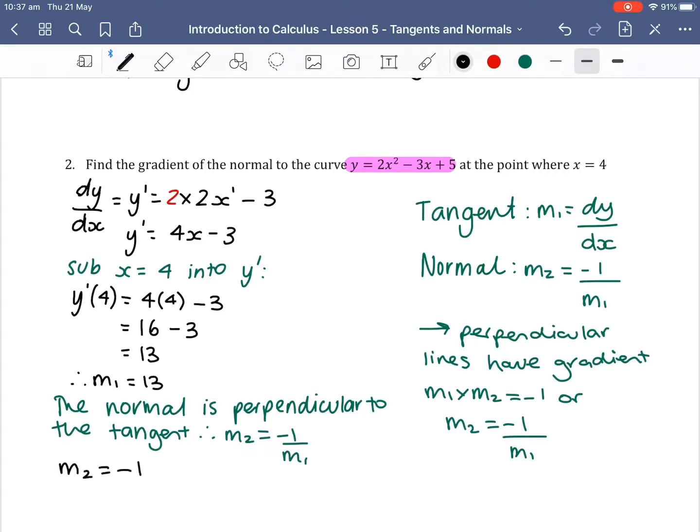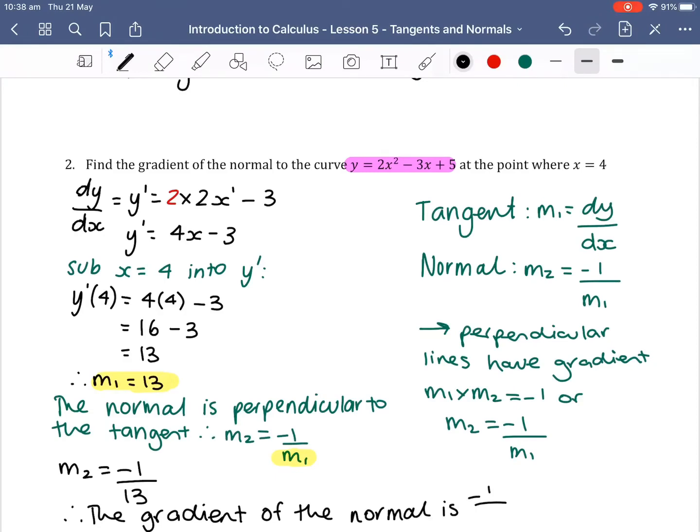So our m2 will equal minus 1 over our m1 of 13. Our m1 of 13 is what we just found, and we substitute that in. So therefore, the gradient of our normal is negative 1 on 13.